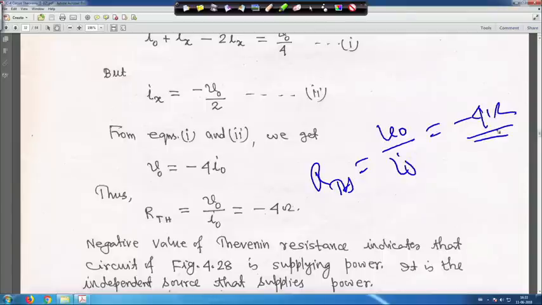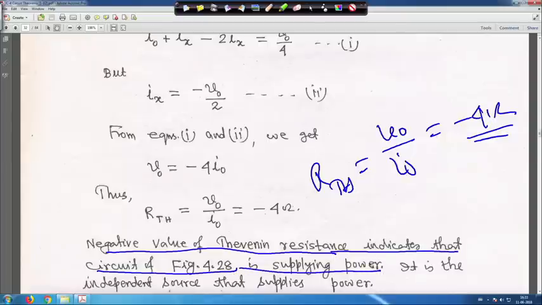I told you that when dependent sources are there in the circuit, there is a possibility that R Thevenin may become negative. So, it is minus 4 ohm, that means a negative value of Thevenin resistance indicates that the circuit, that is circuit figure 28, is supplying power.